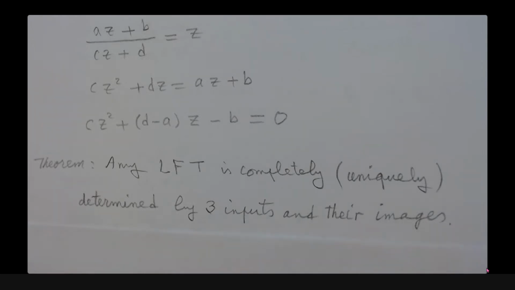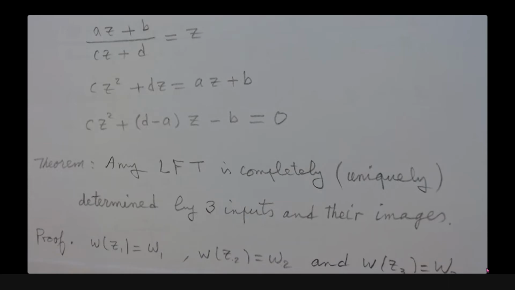Oh, by the way, these 3 points gotta be distinct, because remember observation number 1, derivative cannot be 0. So the function is, in a way, 1-to-1. All right.